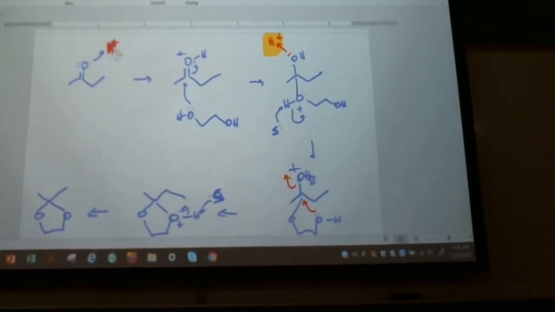That is your catalyst that drives this reaction forward, and without which you would not get any reaction happening. Anything else?